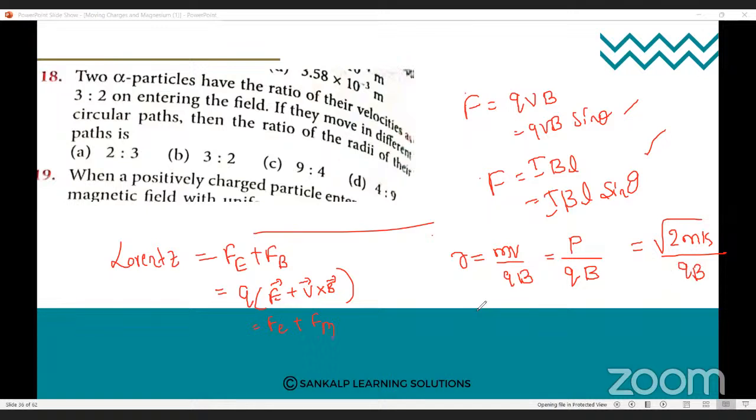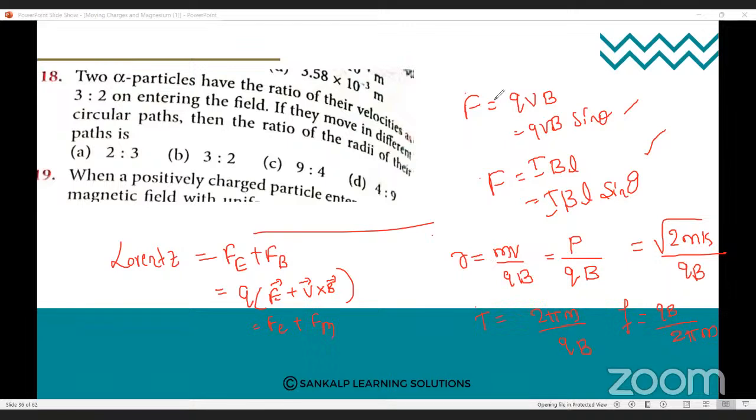Then the time period is given by 2 pi m upon qB. Frequency will be the reciprocal of the time period. Therefore it is qB divided by 2 pi m.